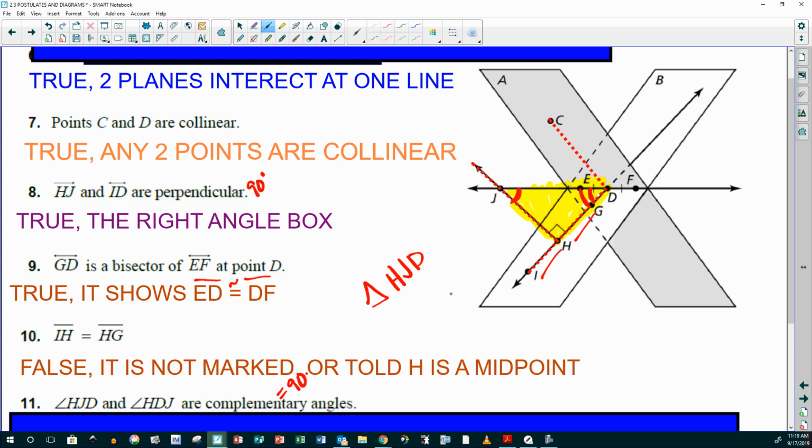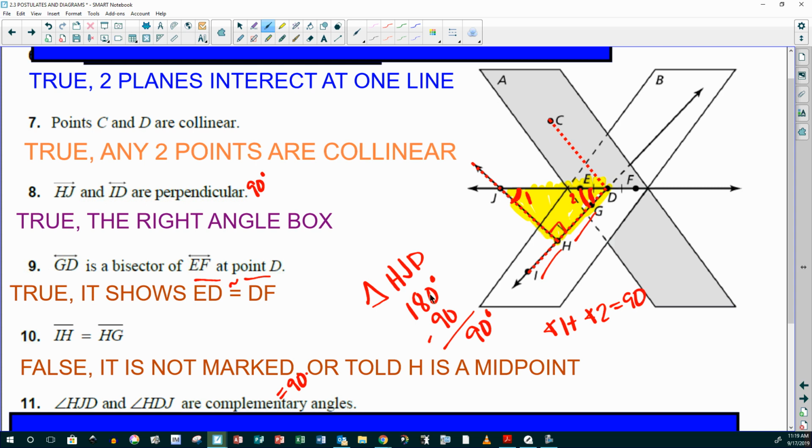Well, what I know about a right triangle is, first of all, there are 180 degrees in every single triangle, no matter what. This is 90 degrees, so if I subtract 90, that gives me 90 degrees left over for these two angles. So I'm going to call this angle 1, and this angle 2. Angle 1 plus angle 2 has to add up to 90.